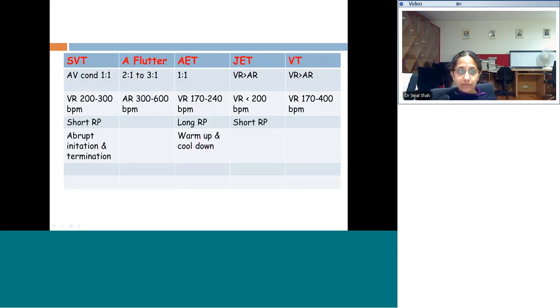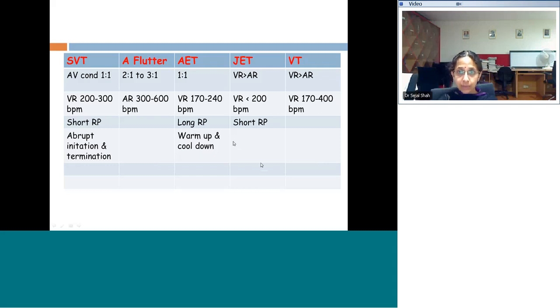Now, this flow chart can help you differentiate the SVT. The ectopic atrial tachycardias have 1:1 conduction, in contrast to flutter where the atrial rate is more than the ventricular rate, and JET where the ventricular rate is more than the atrial rate. The rates are usually very high in flutter for the atrial rate, whereas the ventricular rate is higher for SVTs.